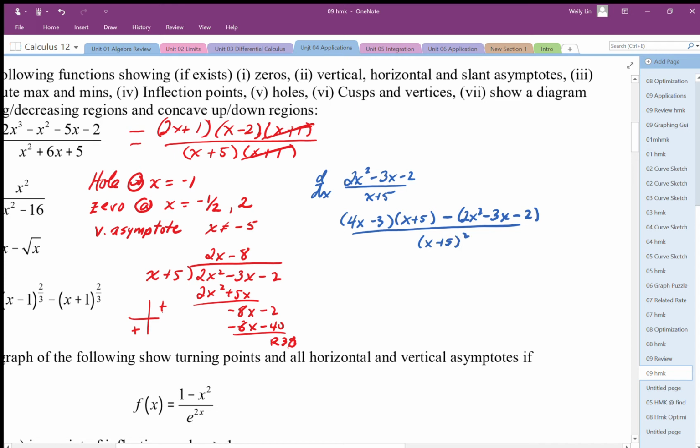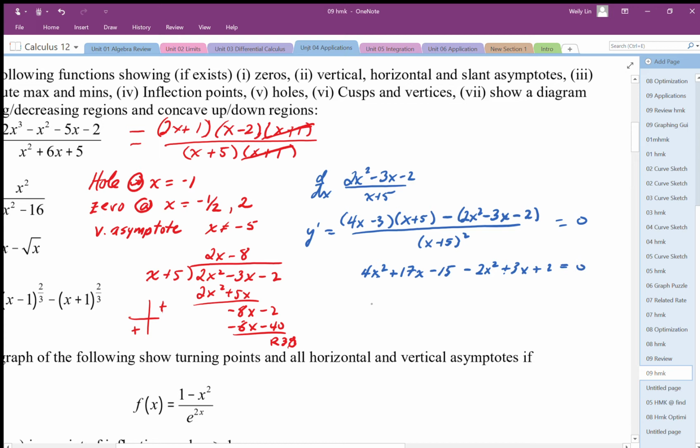Okay, so there's our y prime. We want to make that equal to 0, so we solve the numerator. The x squared terms are going to be plus 20x minus 3, so that's plus 17x, minus 15, minus 2x squared plus 3x plus 2 equals 0.